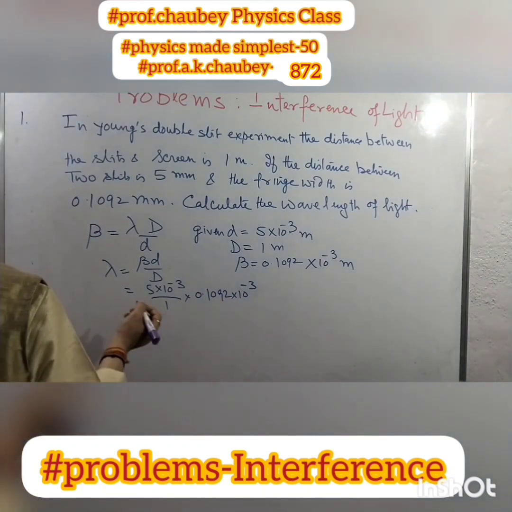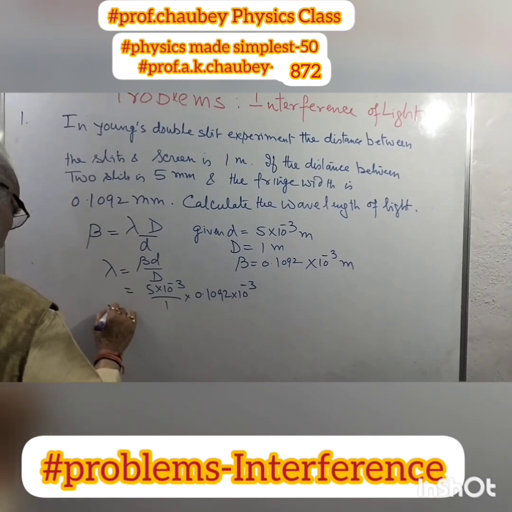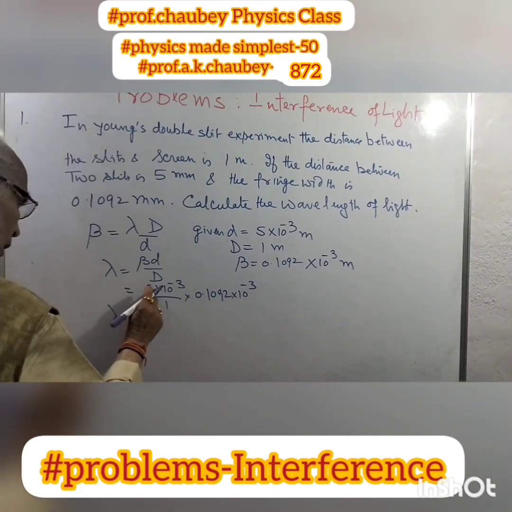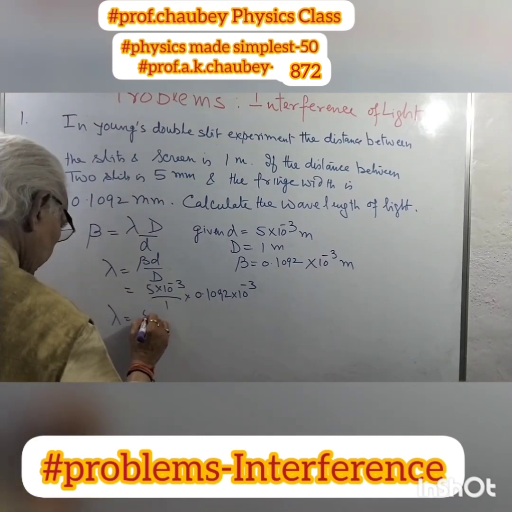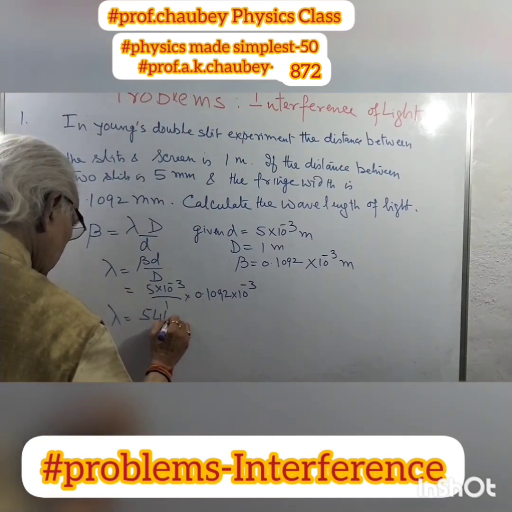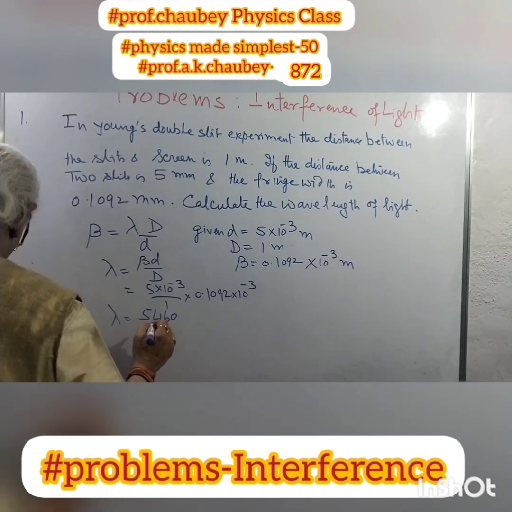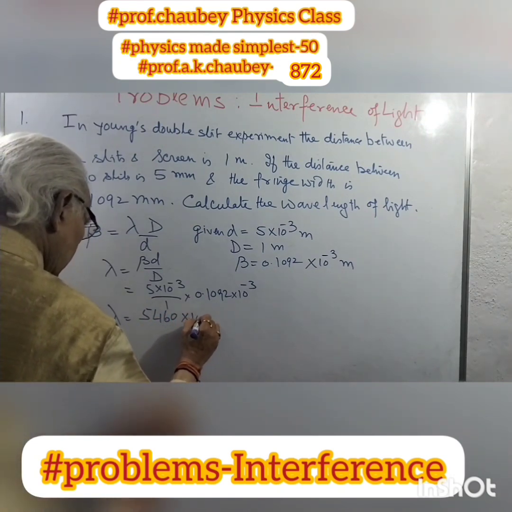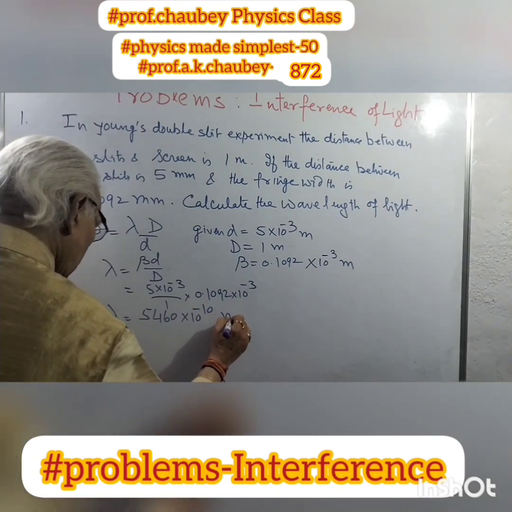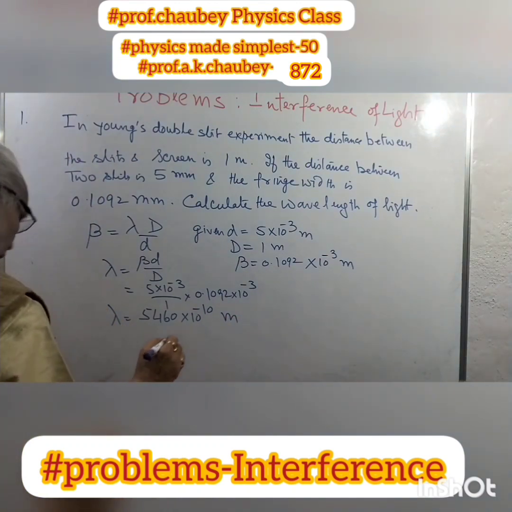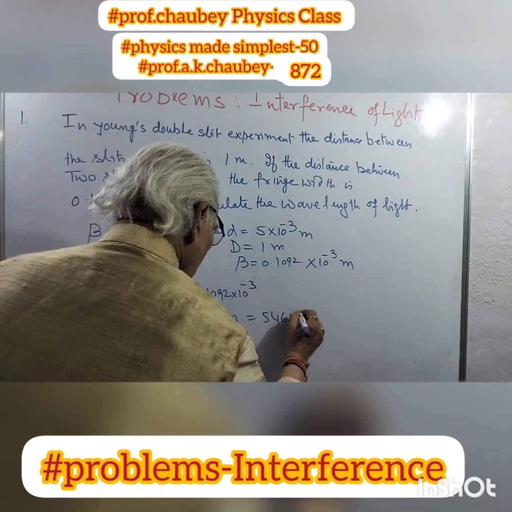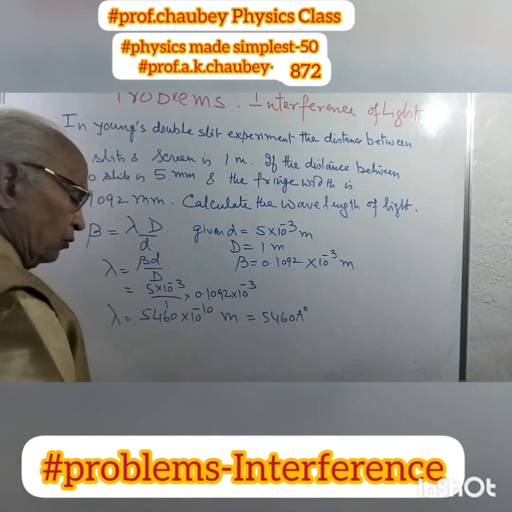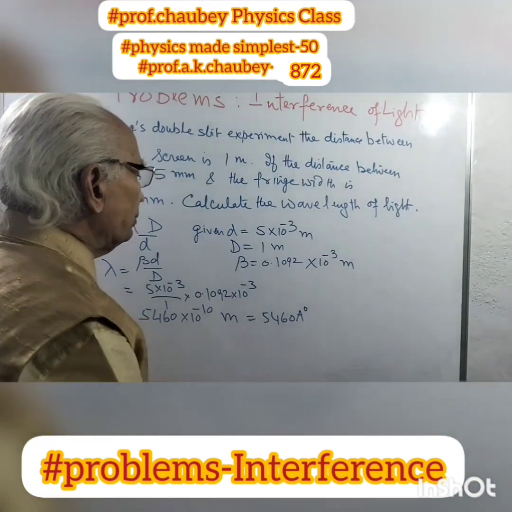This way you can get the lambda. Lambda will be about 5460 into 10 to the power minus 10 meter, or 5460 angstrom. So friends, this was just a simple problem.